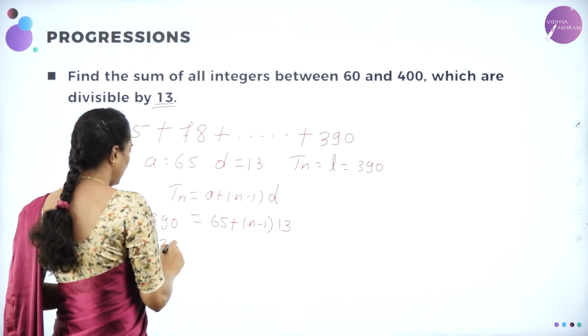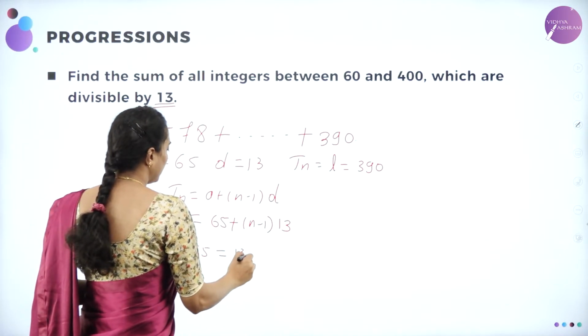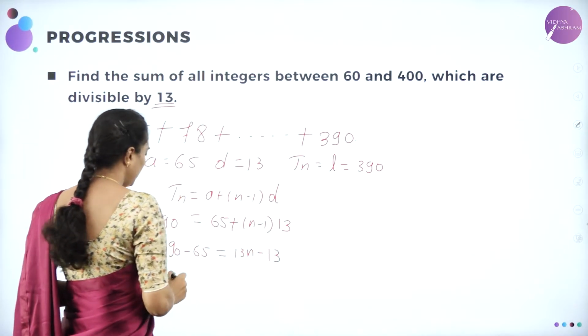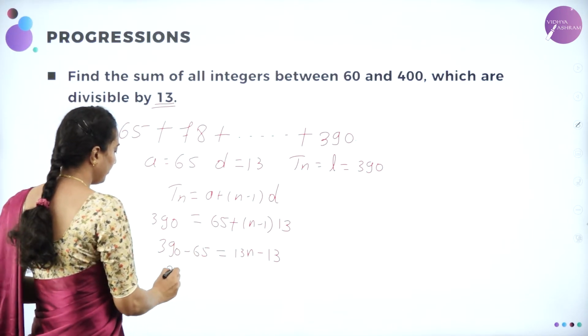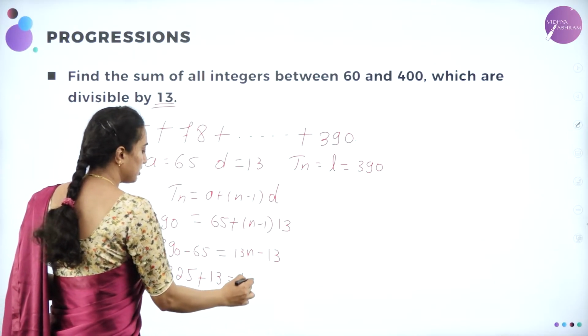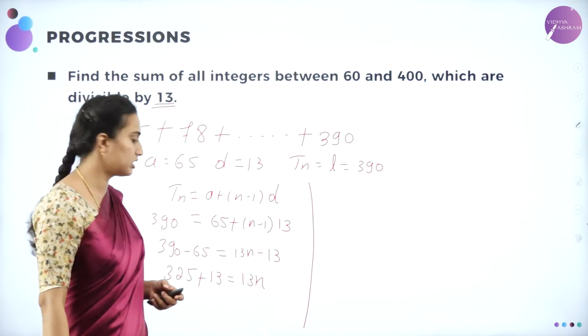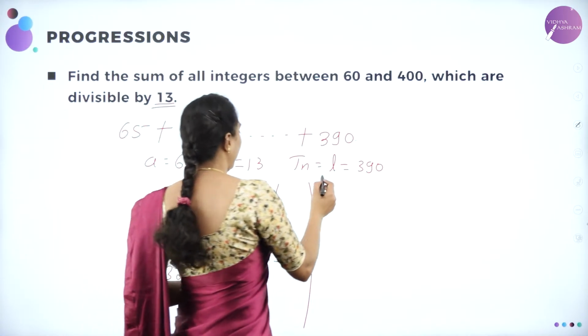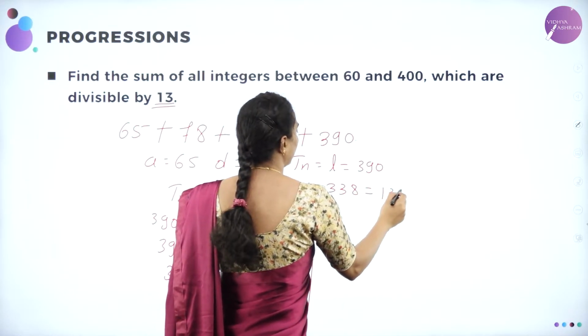Now 390 minus 65 is equal to 13n minus 13. 390 minus 65 gives you 325. 325, bring minus 13 to this side, it is plus 13, which is equal to 13n. 325 plus 13 is nothing but 338. 338 is equal to 13n.